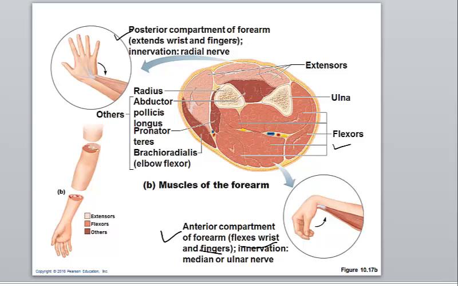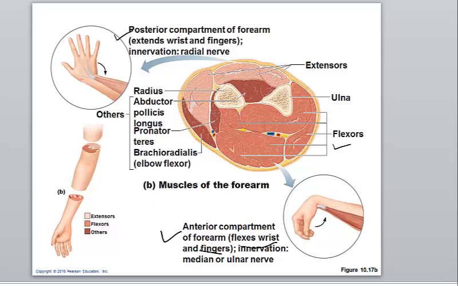Posterior group, on the other hand, helps to extend your wrist and your fingers. Okay? Because they again cross your wrist and attach to your metacarpals and your carpals and your fingers, right? Hence, the posterior compartment are all extensors and your anterior compartment are all flexors.